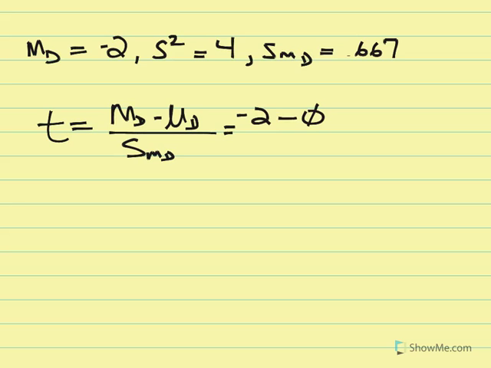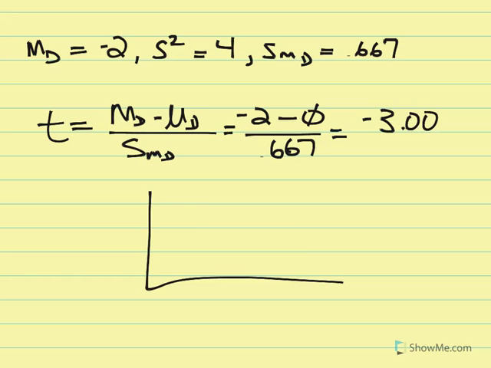Again, this is representative of the null hypothesis, mu d, over 0.667. And we computed this previously, and that was equal to 2.99 something, and we rounded to -3. That was our t-value.